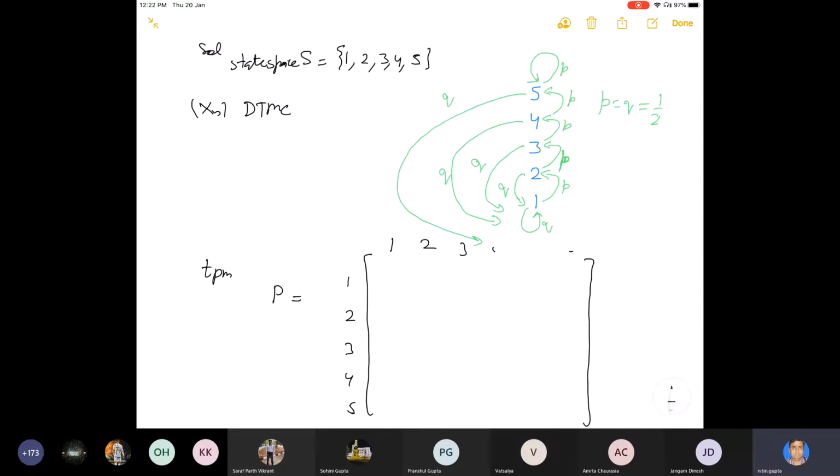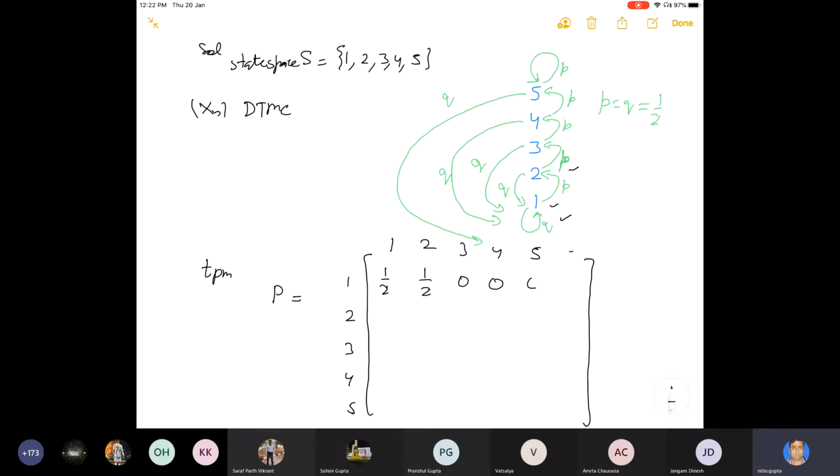So P11 means if it is in state 1, it will remain in state 1 with probability Q, but Q is half. Then if it is in 1, it will move to 2 with probability half. That is P. And sum in a row is 1.